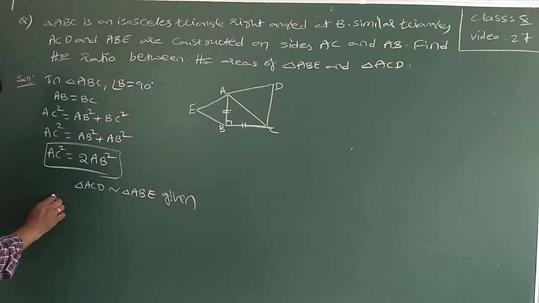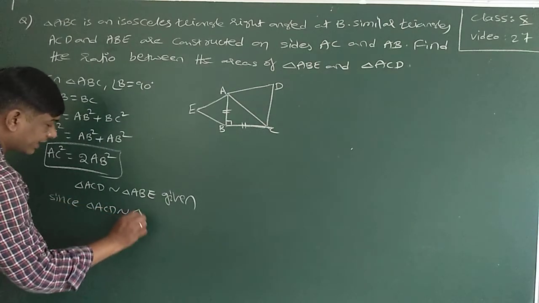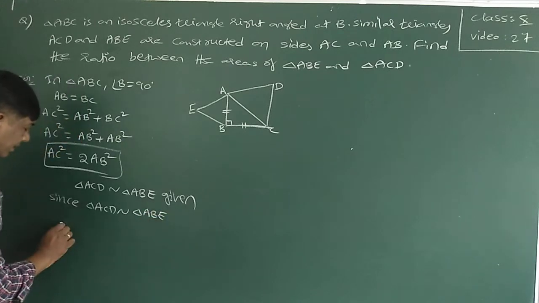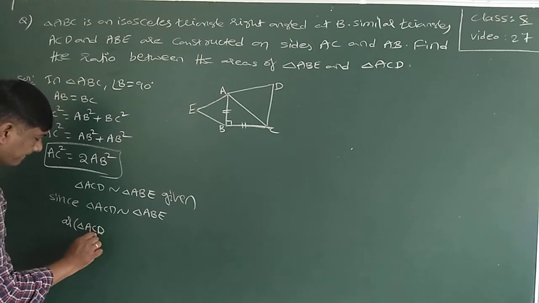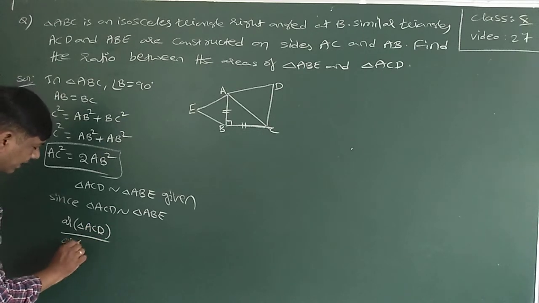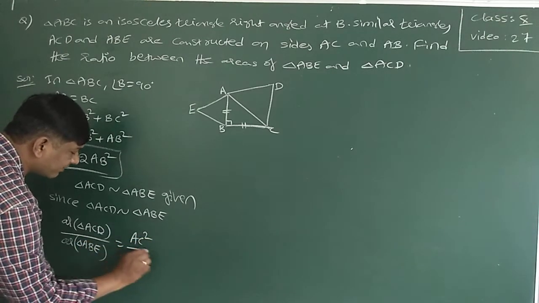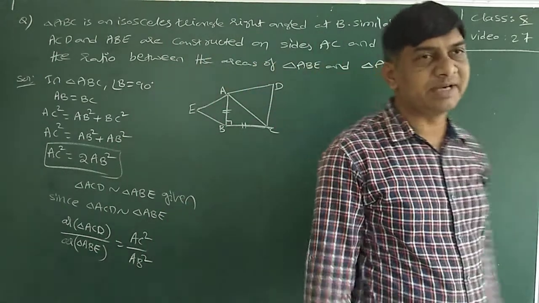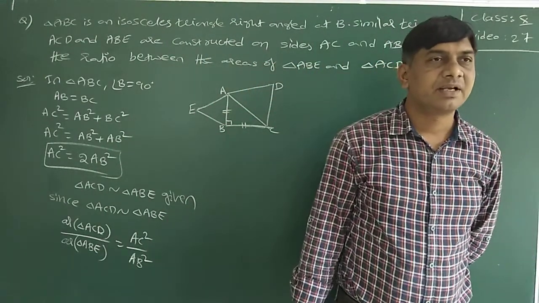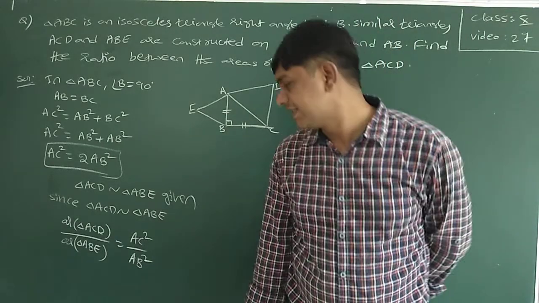So since triangle ACD is similar to triangle ABE, area of triangle ACD by area of triangle ABE is equal to AC square by AB square. Because for two similar triangles, the ratio of their areas is equal to the square of their corresponding sides.